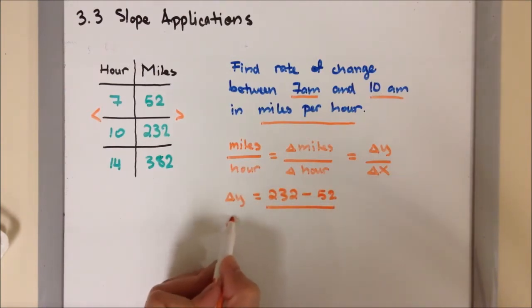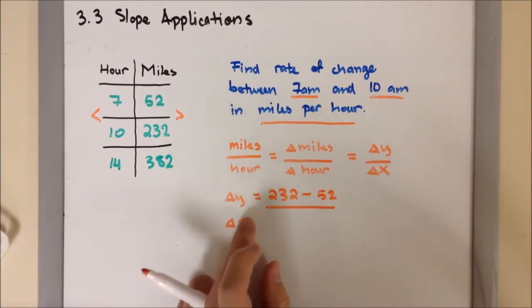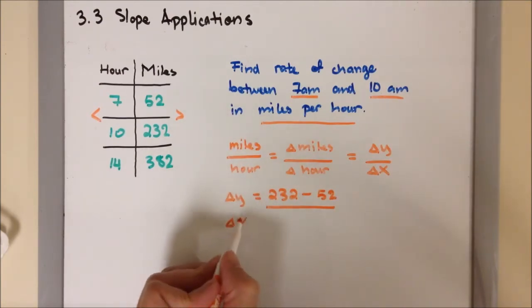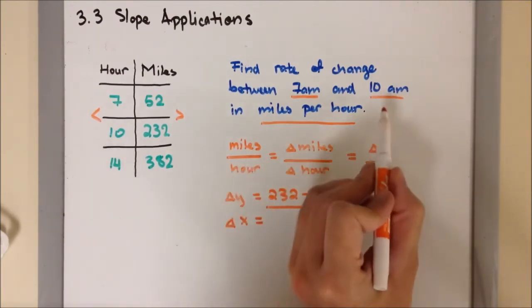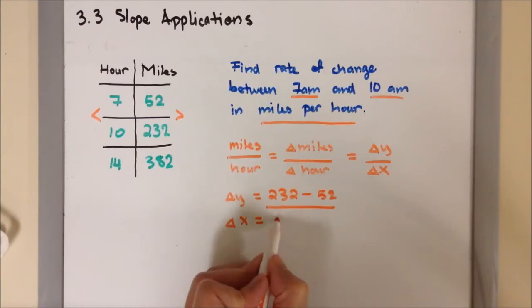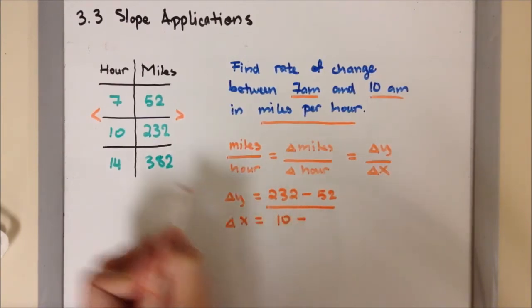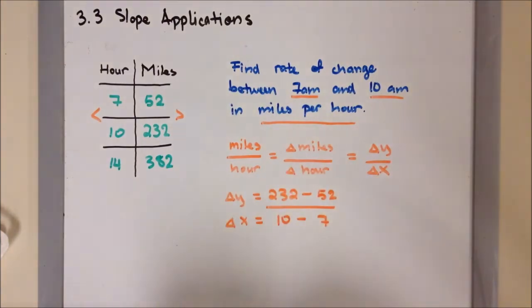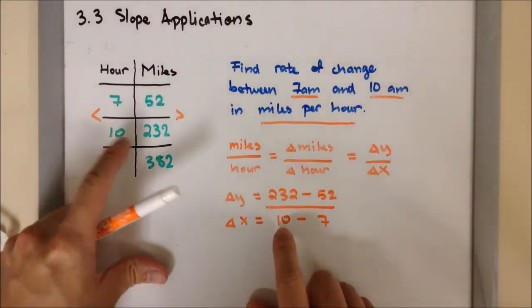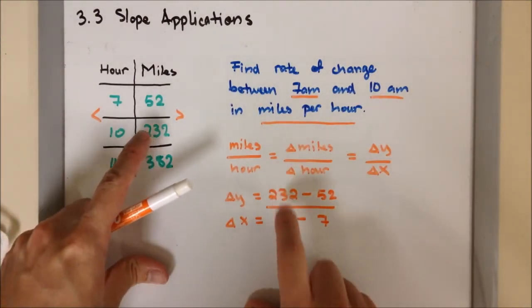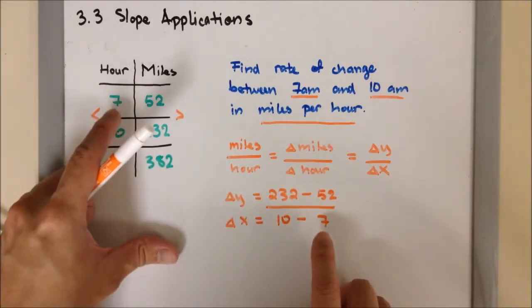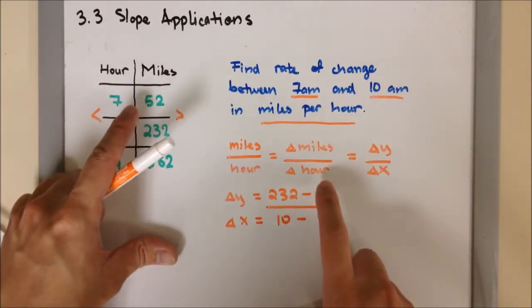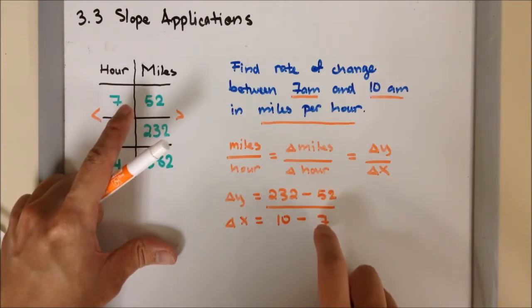And then my change in x. So again, 10 a.m. came first, so I'm going to put 10 first, minus, and then 7 a.m. And then always check if you have the order correctly. So my 10 with the 232 came first on top and bottom, and my 7 with the 52 came second on top and bottom.